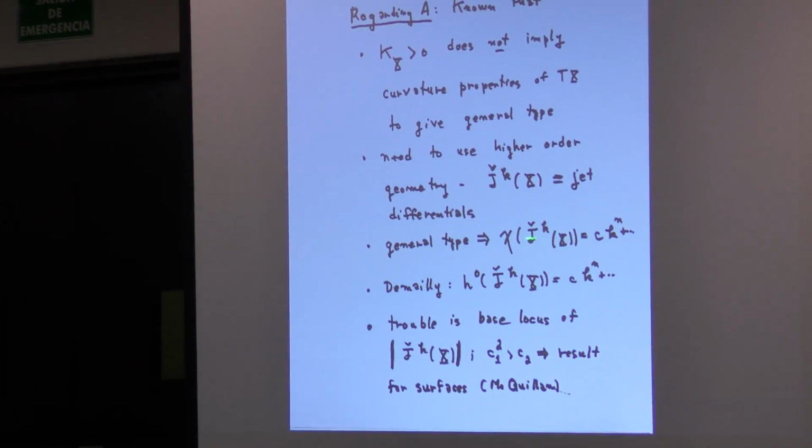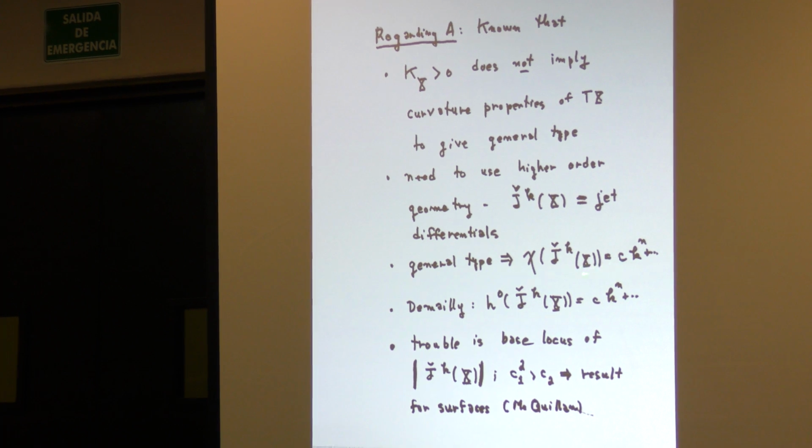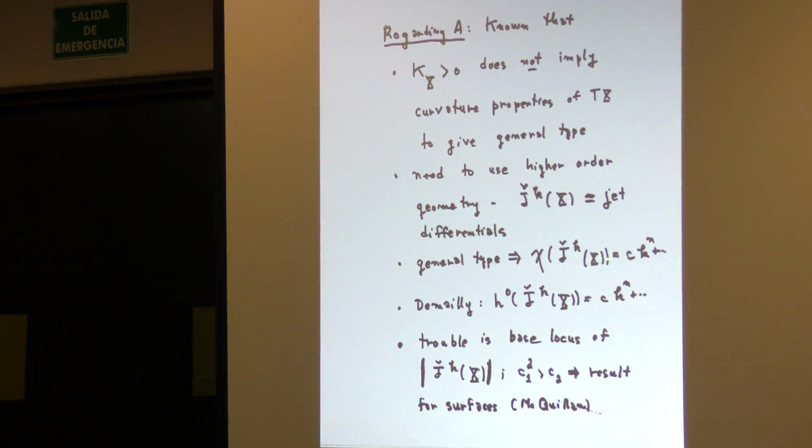So what's known is that general type implies that the Euler characteristic of the sheaf of jet differentials is growing like a positive line bundle. It was proved a few years ago, in a very beautiful argument by Demailly, that from the Euler characteristic, which is the alternating sum of the dimensions of cohomology of powers of some bundle, you can dig out the H0 if you have certain positivity, which these jet bundles do.